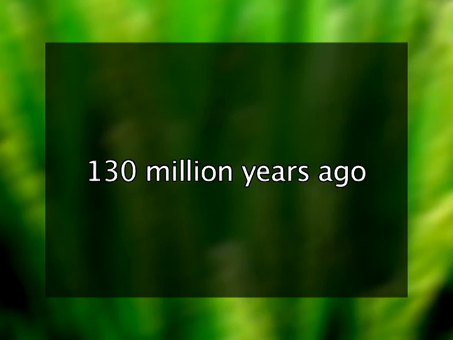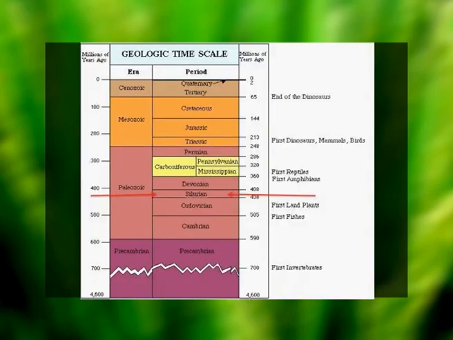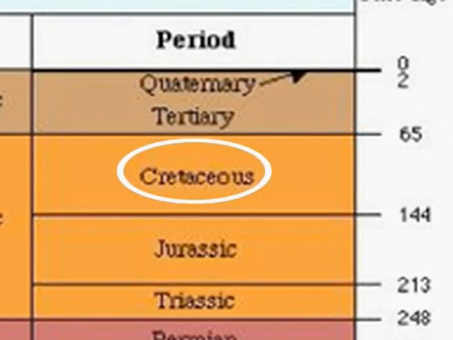These earliest flowering plants in the fossil record can now easily be assigned to the present day living groups of angiosperms. Many major angiosperm lineages can be recognized by the mid-Cretaceous period.